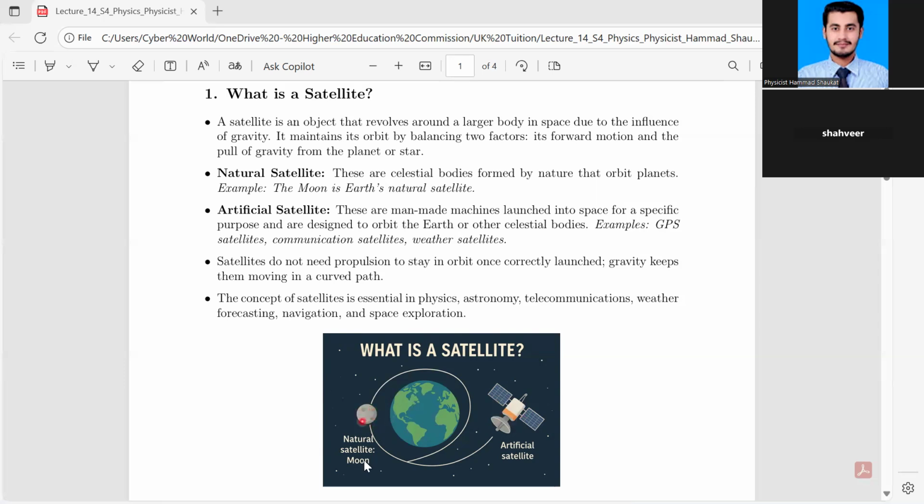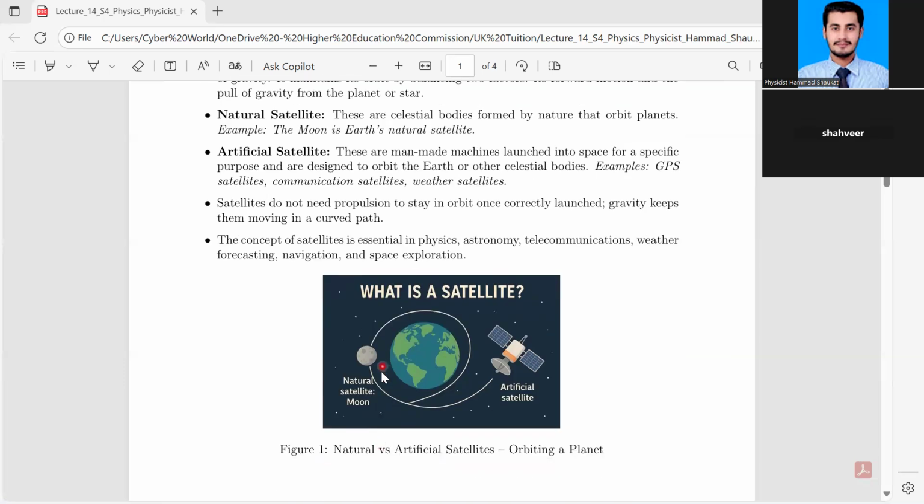The Moon is called the natural satellite. Why is this called the natural satellite? Do you know? Why is the Moon called the natural satellite? Because it is made by, it is man-made or not? It's not man-made. It was made by itself.